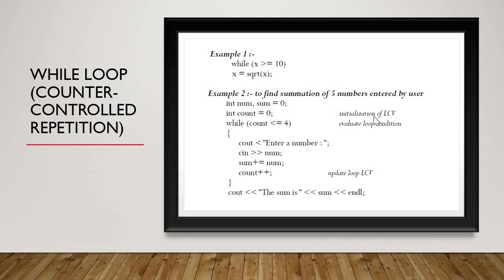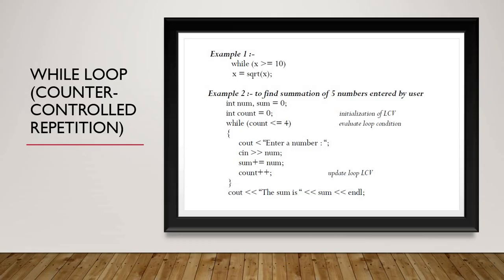First, initialization of the loop control variable, LCV. For example, count equal to 0, where we give the initial value to the loop control variable. Then we evaluate the loop condition, count less than or equal to 4. And finally, before we end the loop, we should update the loop control variable.